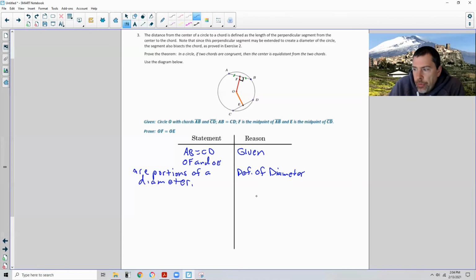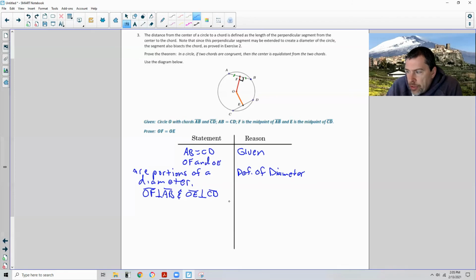Okay, so now I can say OF is perpendicular to AB. Okay, and OE is perpendicular to CD.